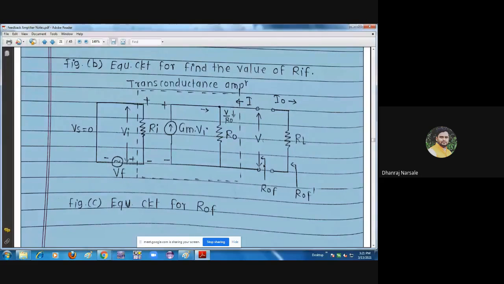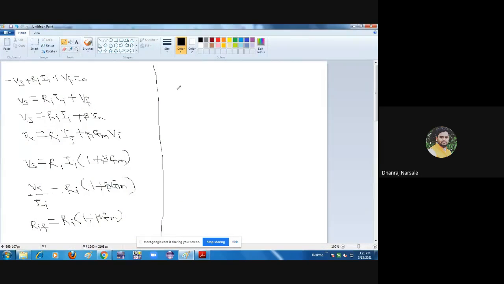And what should be the equation? I plus Gm into Vi is equal to V divided by Ro. Correct. We applied KCL, so what comes next? Gm into Vi plus I is equal to V divided by Ro.